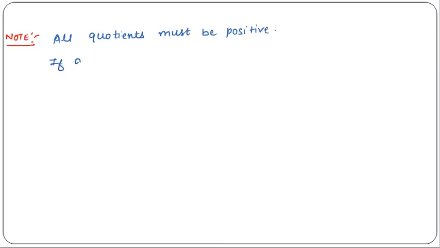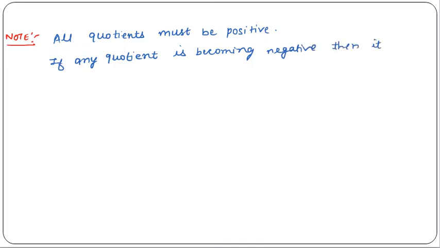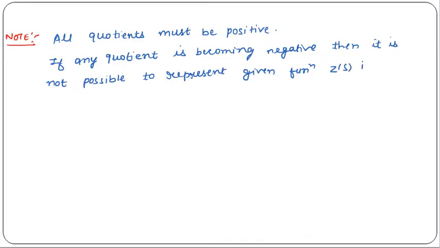If any quotient is becoming negative, then it is not possible to represent the given function Z of s in core form. Okay, so you have to remember this point.